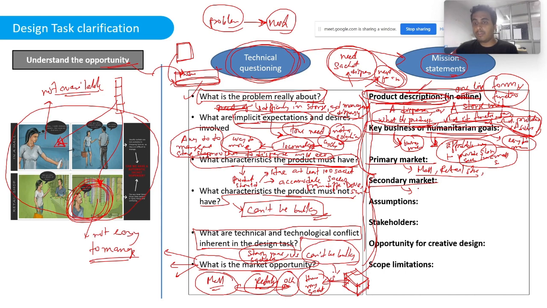Probably it can be used for the ketchup market, where you can dispense ketchup and other sachets also. There are a lot of sachets available these days. What are assumptions? Can you tell me what the assumptions are in this particular problem?